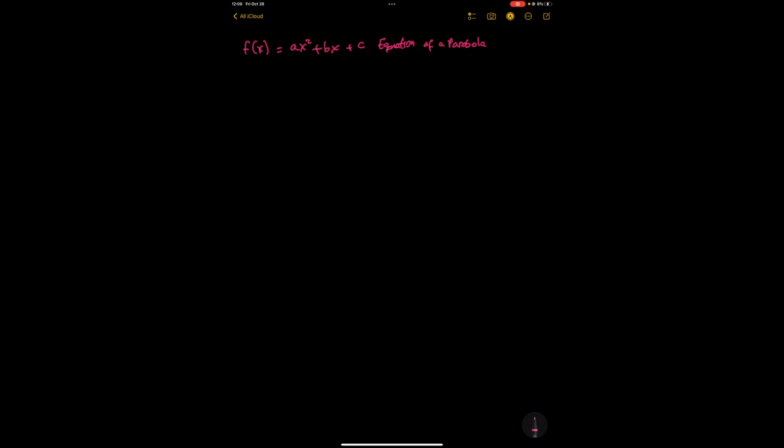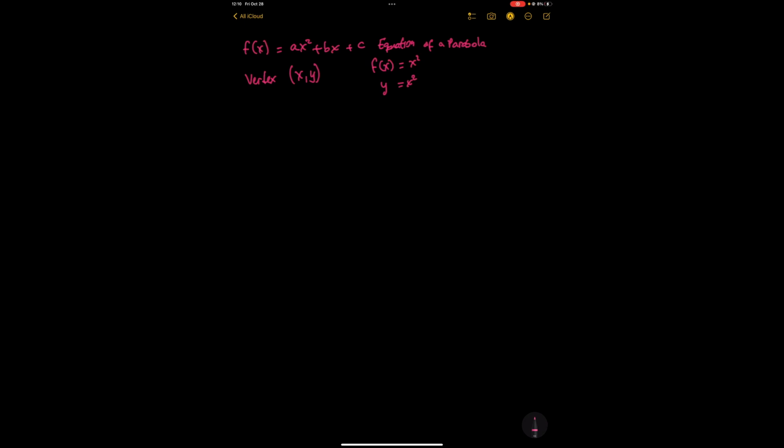Now, we have two things in the parabola that can help us. One is called the vertex. Now, what is the vertex? The vertex is basically the x and y coordinate of the function. So when we have f of x equals x squared, this can also be written as y equals x squared.